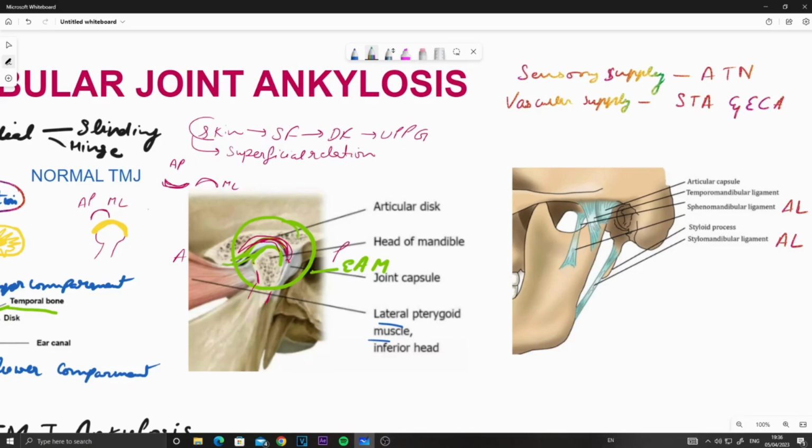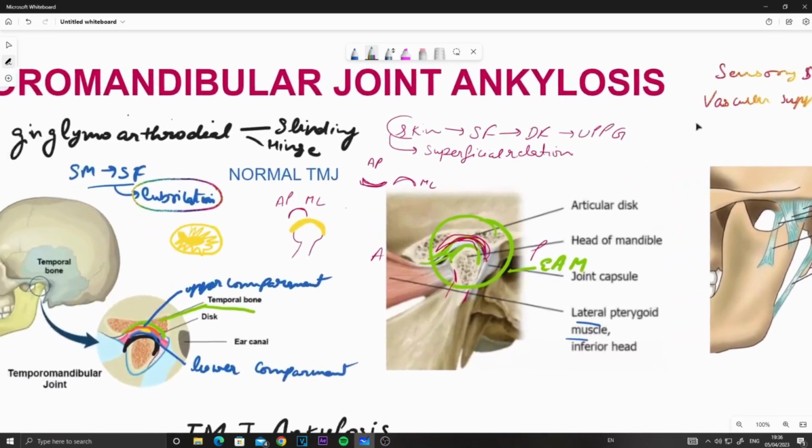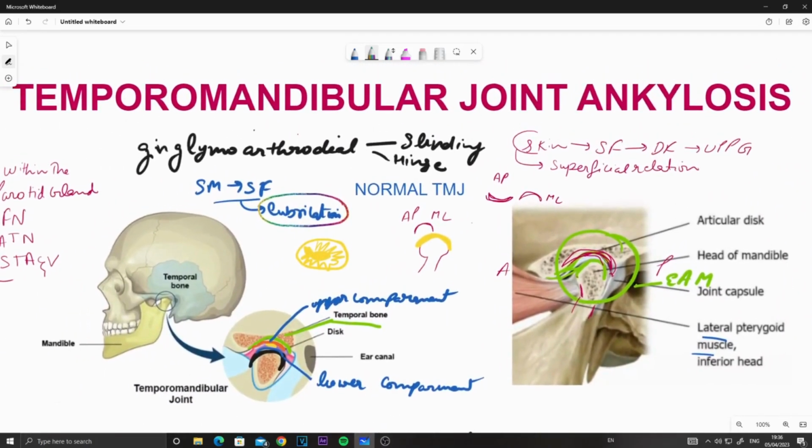Now, as we have some gross idea of the temporomandibular joint, we have set a basic platform so that we can study in detail the various pathologies of the TMJ, their diagnosis and their treatment.